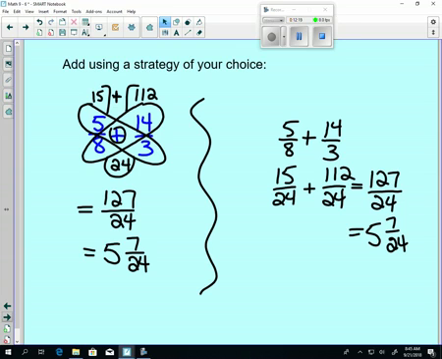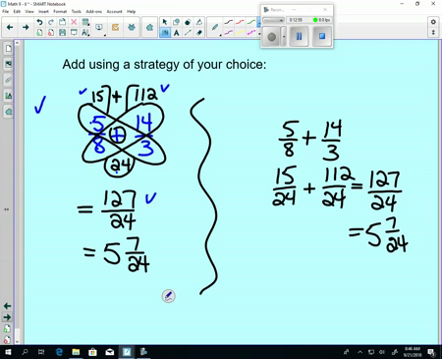If we use the butterfly method, right here, 8 times 3, we get 24. Then we cross multiply, 8 times 14, we get 112. And then we'll take 5 times 3 is 15, put it up here. If we add the 15 to the 112, we get 127 over 24.